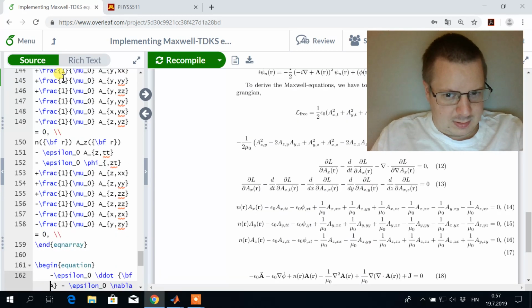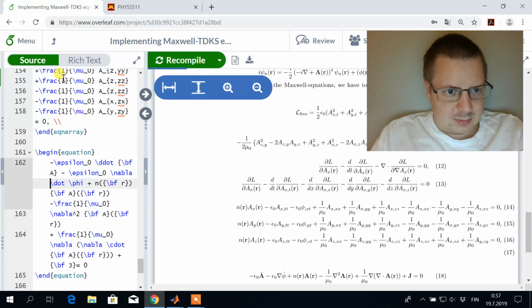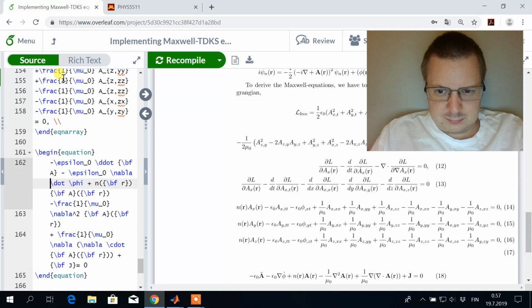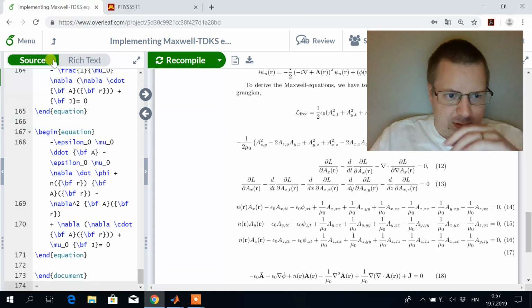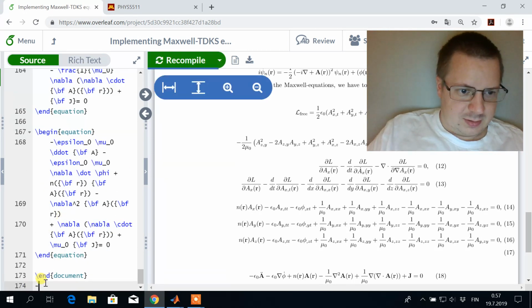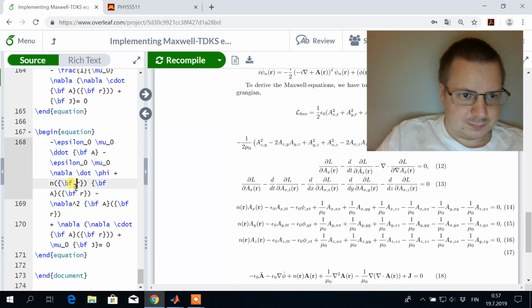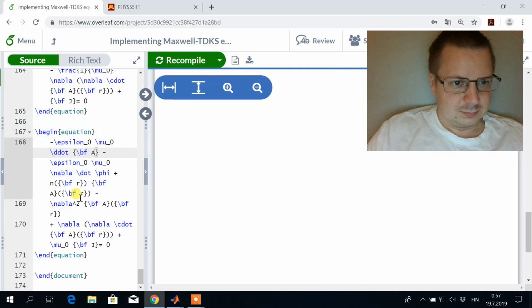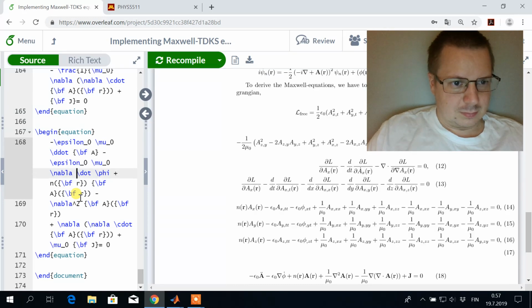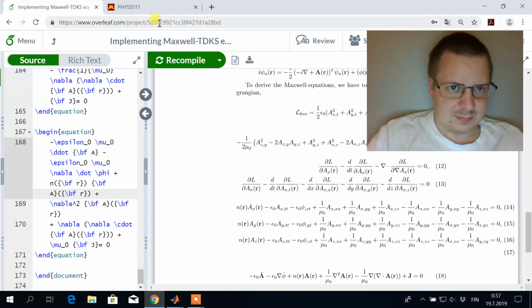Okay, and then the minus mu0 nabla squared plus and minus, and then it shall reflect here that the nabla squared will be plus.